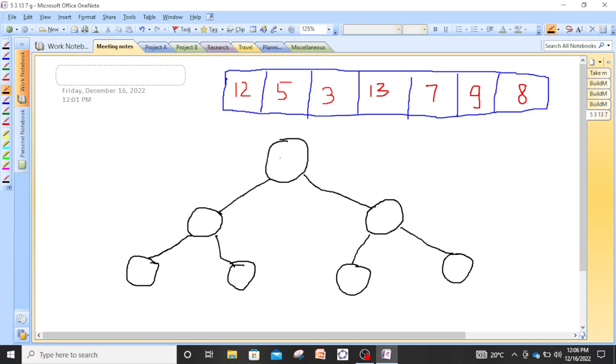And the first element in the max heap obviously will be the largest element, that is 13, and here will be 12, here will be 9, here will be 5, here will be 7, here will be 3, and the last element will be 8.